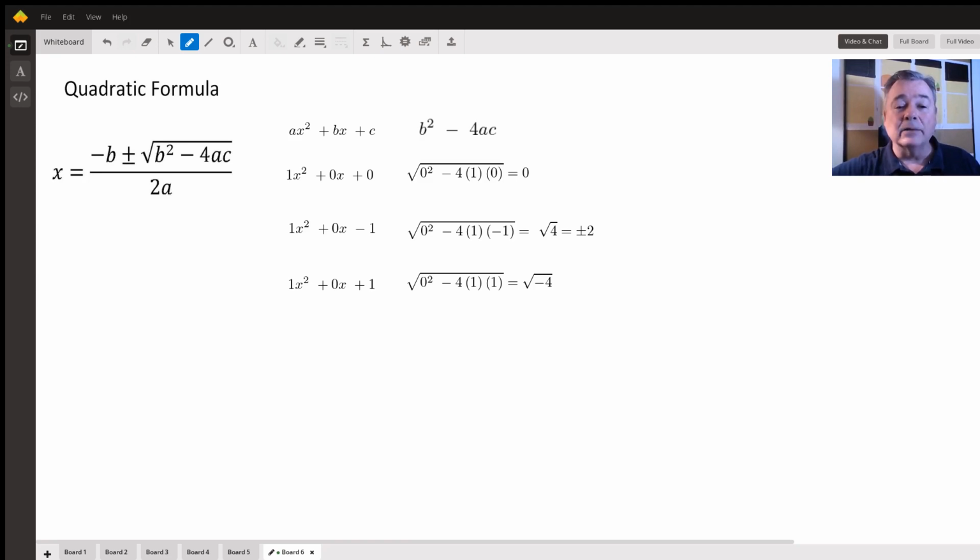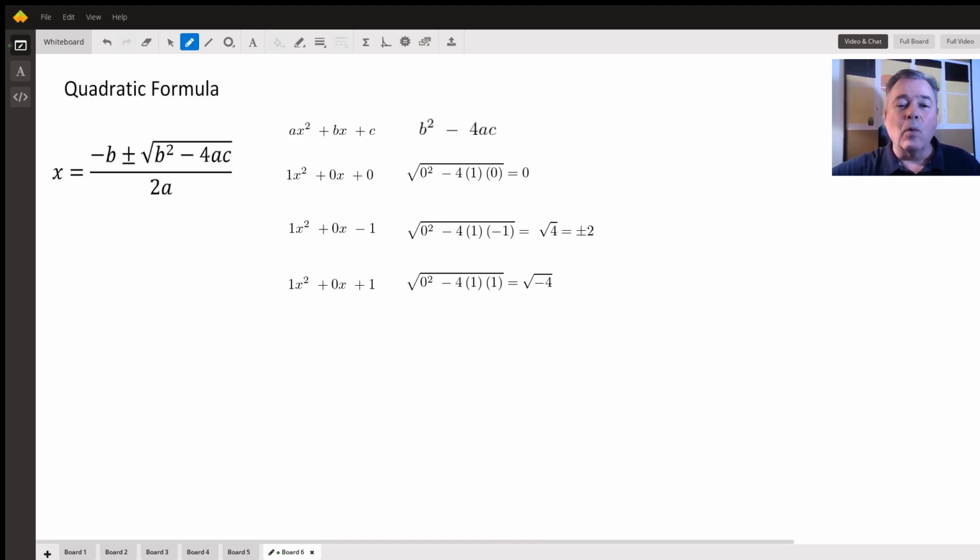For y equals x squared minus 1, the discriminant equals 0 squared minus 4 times 1 times negative 1, or 0 plus 4. The square root of 4 is both plus 2 and minus 2. So that's why this function has 2 zeros.